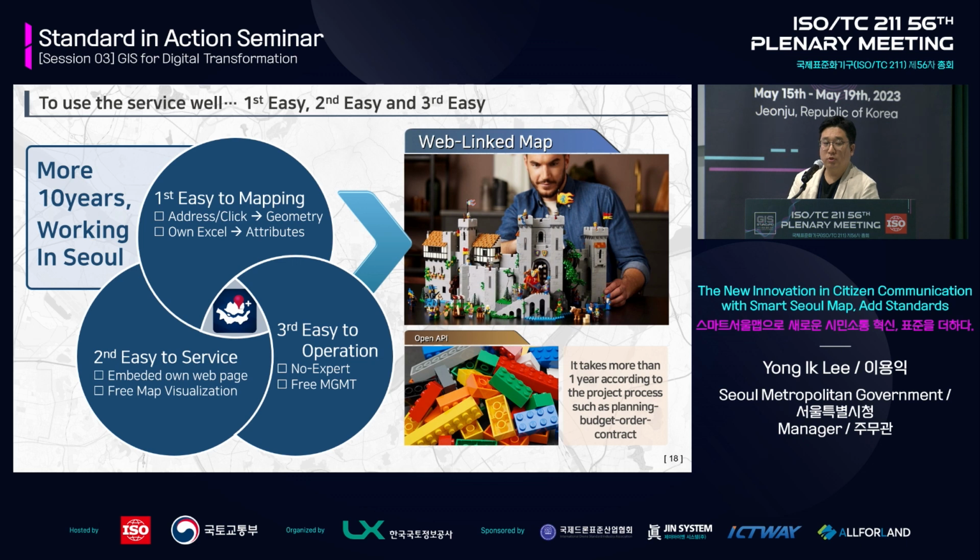It should be easy to provide the service, the service should be easy to use, and the operation should also be easy. Based on this philosophy, I have created more than 400 maps. And the maps that are easy to use are actually used more often, even if it costs less for us to develop them.